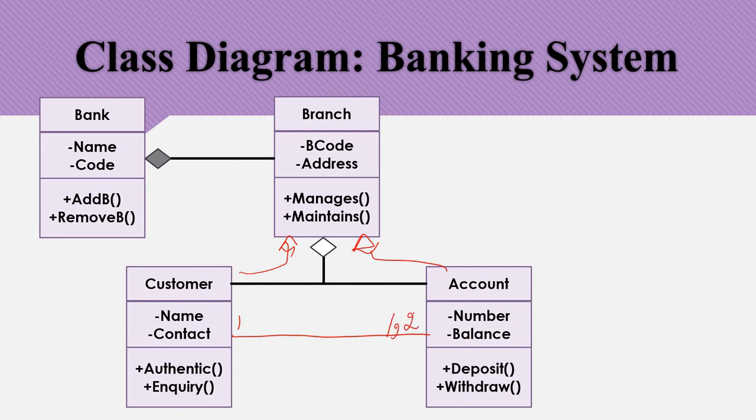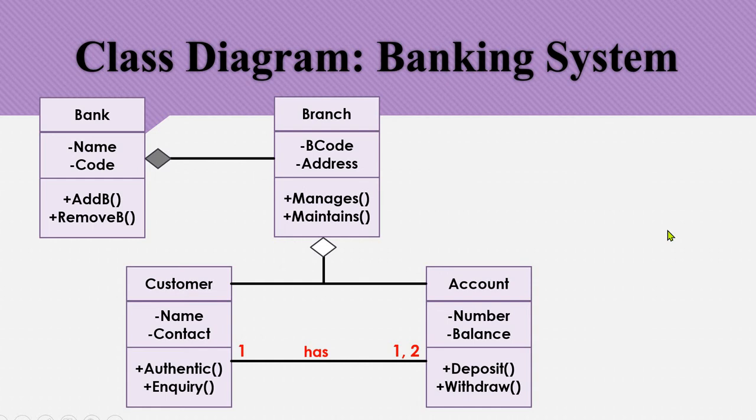So every customer can have either 1 or 2 accounts with a particular branch of a bank. We can also define a label, like customer has.